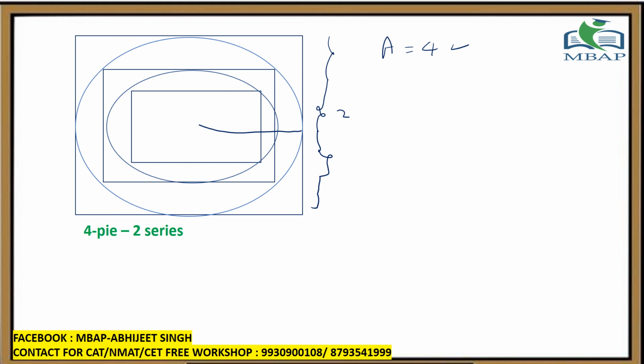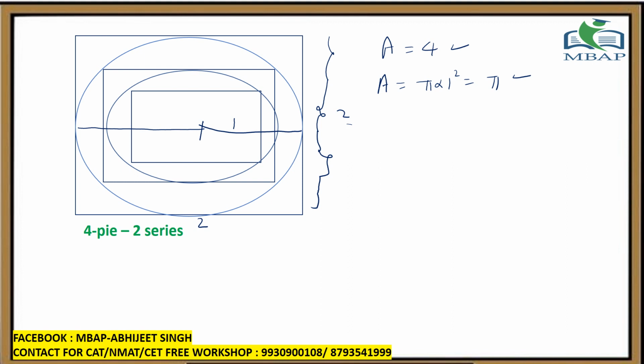Now, we all know if the length of the bigger square is 2, this common diameter will also be 2, because the length of the square is 2. If the diameter is 2, what is going to be the radius? Radius is nothing but 1. If the radius is 1, what is going to be the area of the circle? Area of the circle is nothing but pi into 1 squared, which is nothing but pi only.